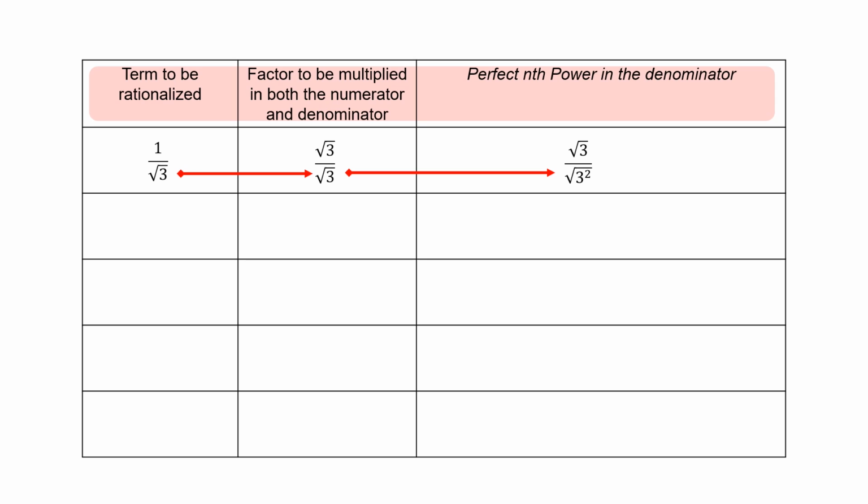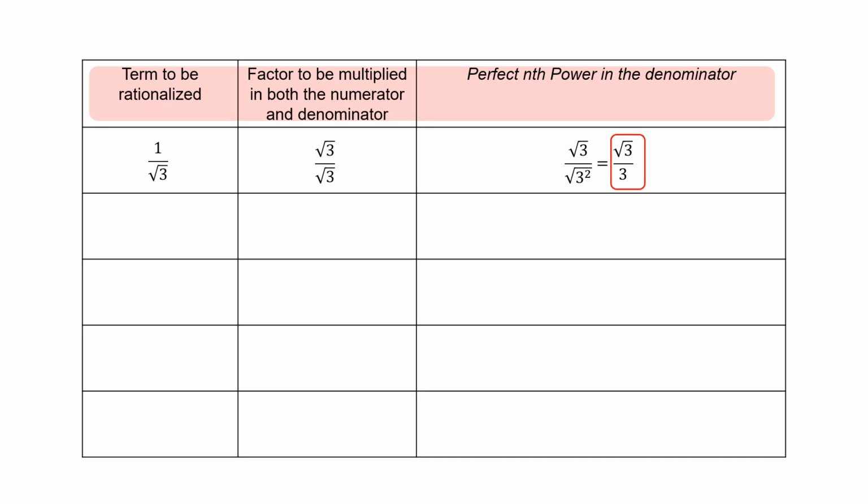Hindi ko na siya ipinakitang 9 para ma-visualize nyo kung paano ito magiging perfect nth power. At this point, alam naman natin na kapag equal ang index at exponent ng radicand, pwede natin itong makancel. So, simplifying this further, we have square root of 3 over 3. And this is the simplest form kasi wala na tayong radical sa denominator.